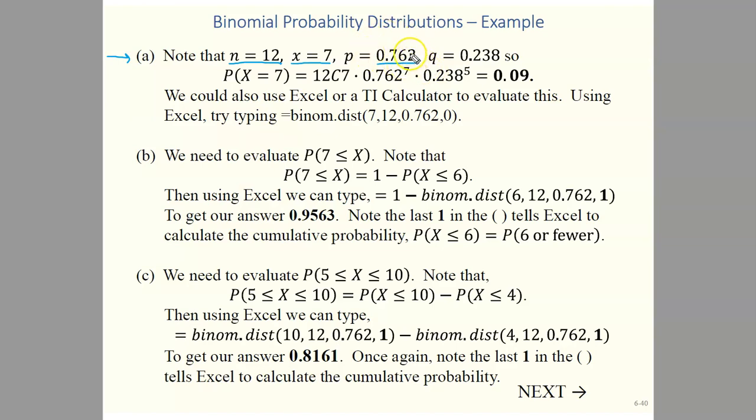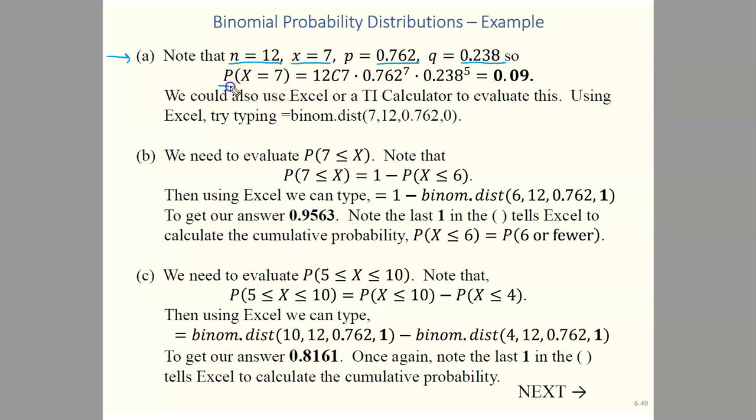Remember, the problem said 76.2% of all drivers wear seatbelts. And the probability of failure is going to be 1 minus 0.762, or 0.238. So now we just have to plug everything into our binomial formula.